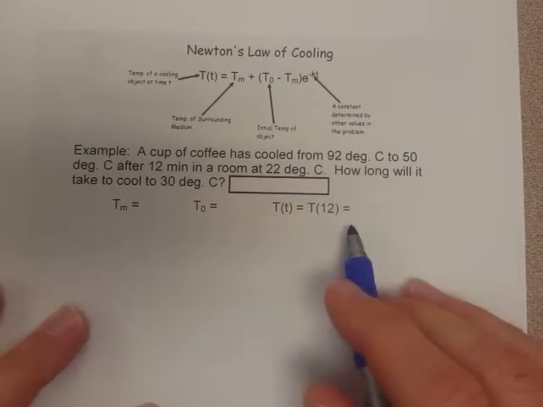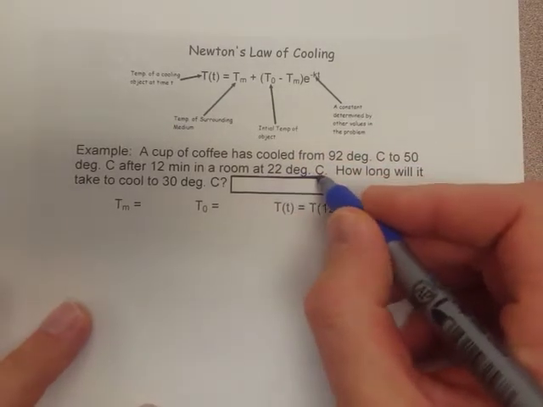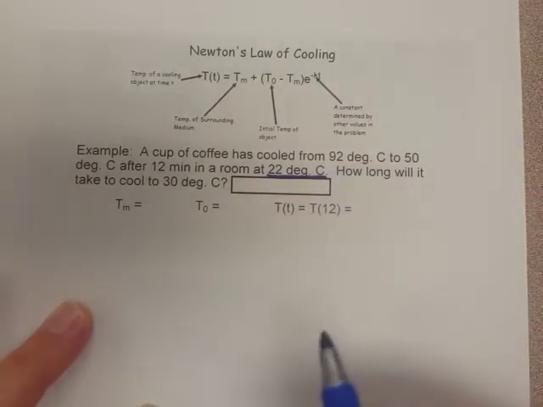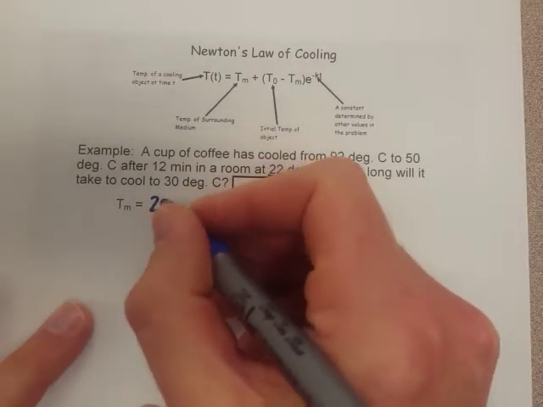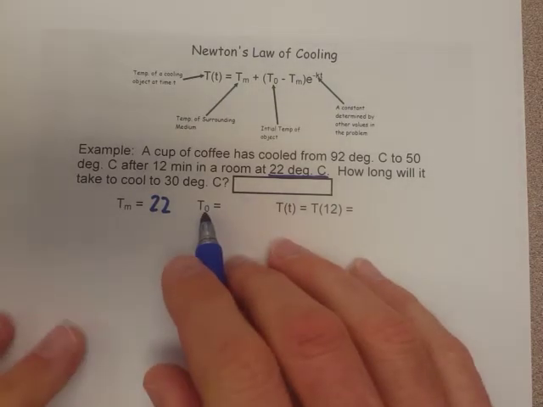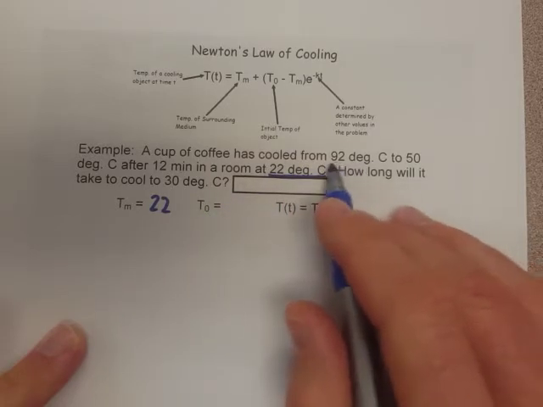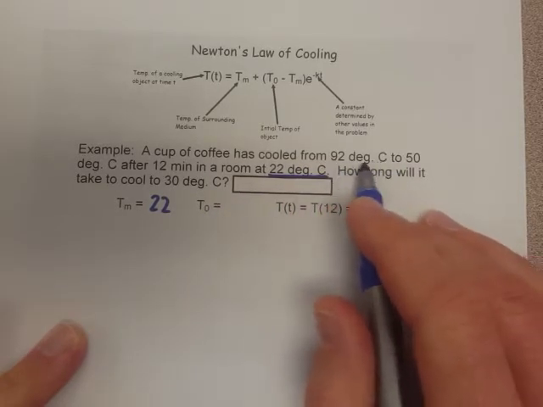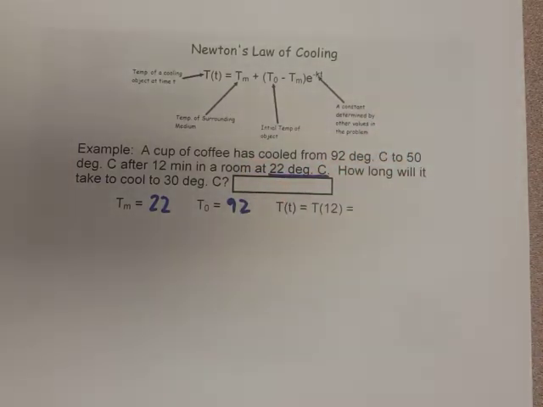So we've got to identify some different things here, and the one I would start with is the 22 degrees Celsius, just realizing that's room temperature, so that's going to be our T sub m. That's going to be temperature of the surrounding medium. T sub 0 is the initial temperature of the object. So the object here, it says it cooled from 92 degrees Celsius. That was the initial temperature, so T sub 0 is 92.